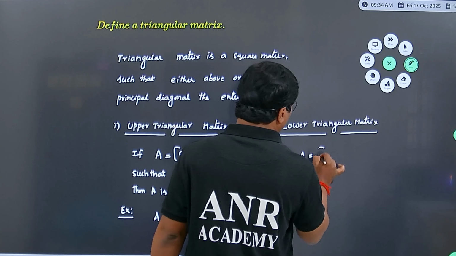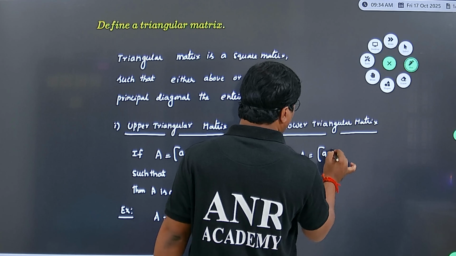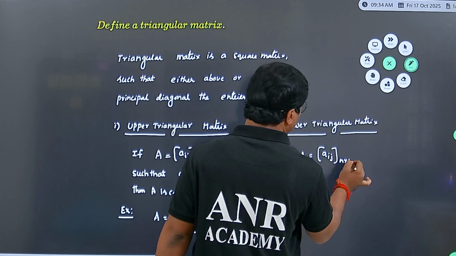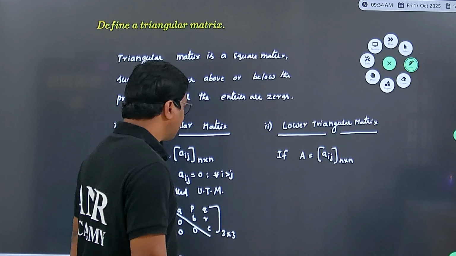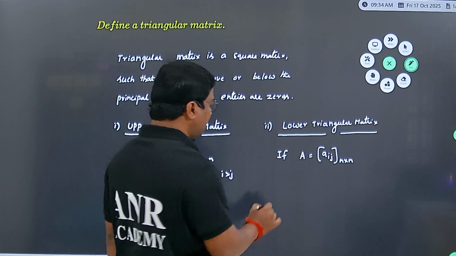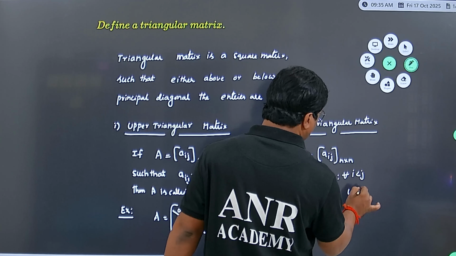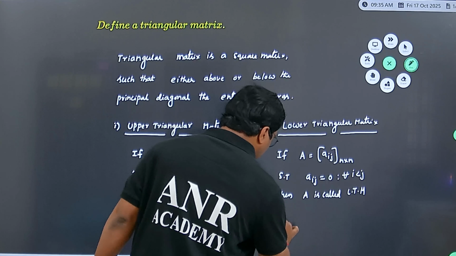If capital A is a matrix of order n cross n with entries denoted by A of ij, such that Aij is 0 for all i less than j, then A is called lower triangular matrix. Example.